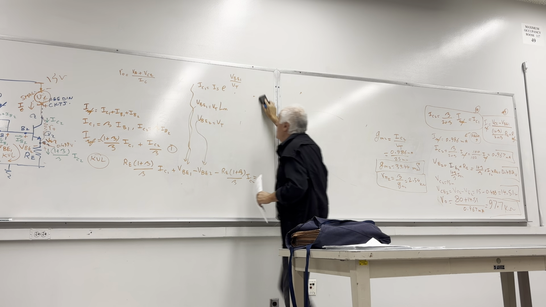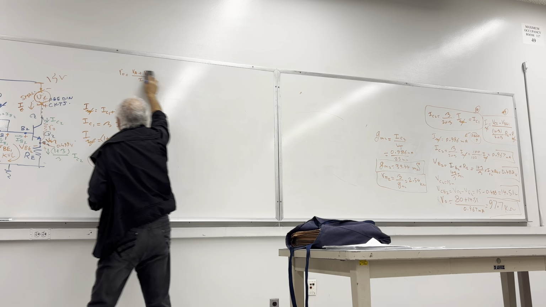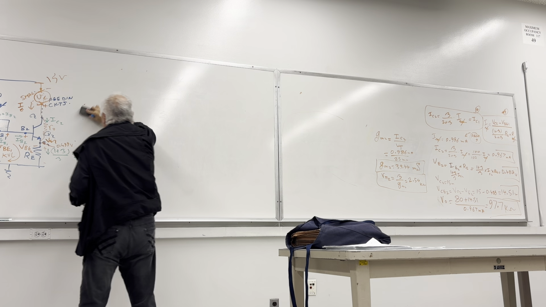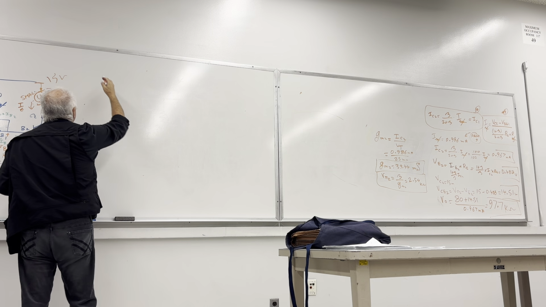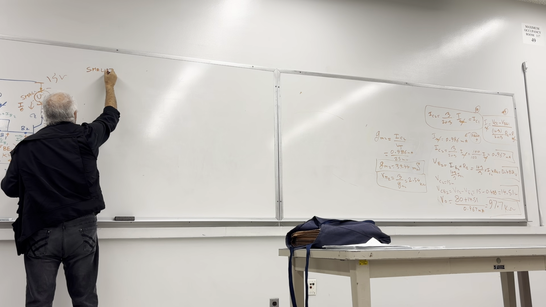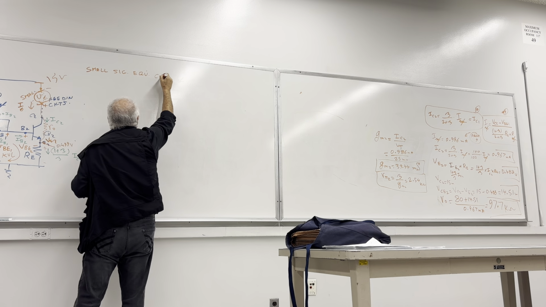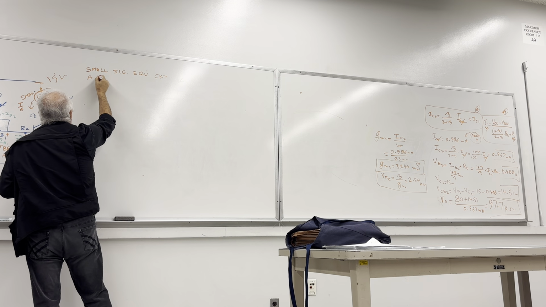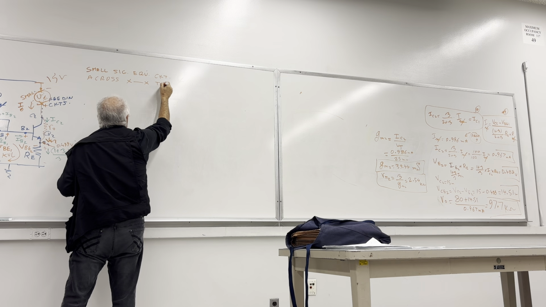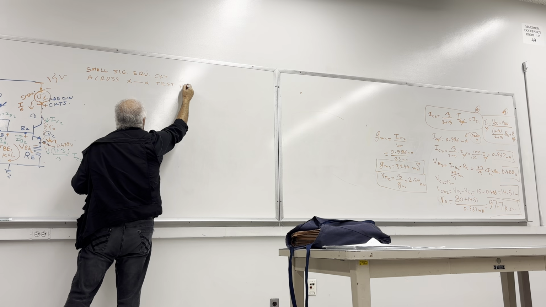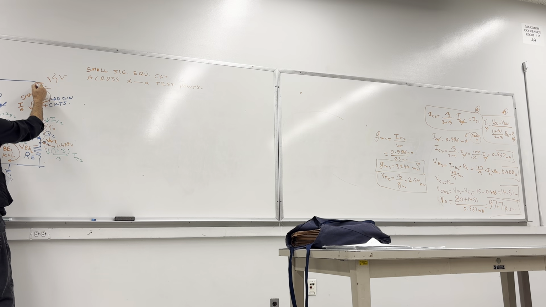And now watch the AC small signal equivalent circuit across X test point. X test points. X is here, 1X is there.